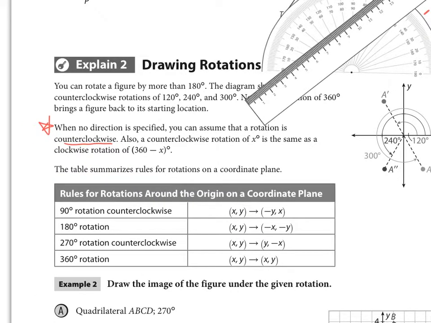So let me actually do that math for you. 90 subtracted from 360 would be 270. So 90 degrees counterclockwise will give you the same result as 270 degrees clockwise. So that means it's going to give us the same image, it's going to give us the same coordinate rule there, and you can think about these other two and how that would affect it as well.